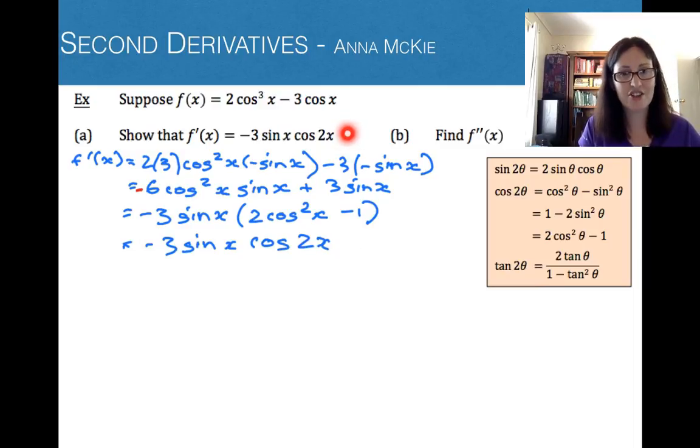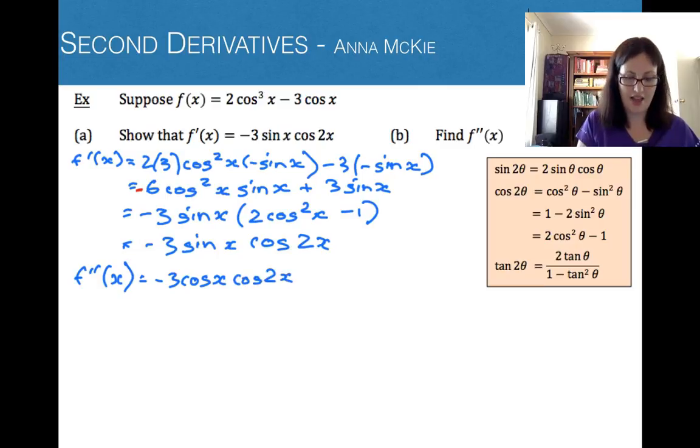So finding the second derivative now, we take this and differentiate it. We're going to need the product rule to do this one. So for the second derivative, you differentiate the first and leave the second. Differentiating the first will give us 3 cos x, and you leave the second. And now you leave the first, 3 sin x, and differentiate the second.